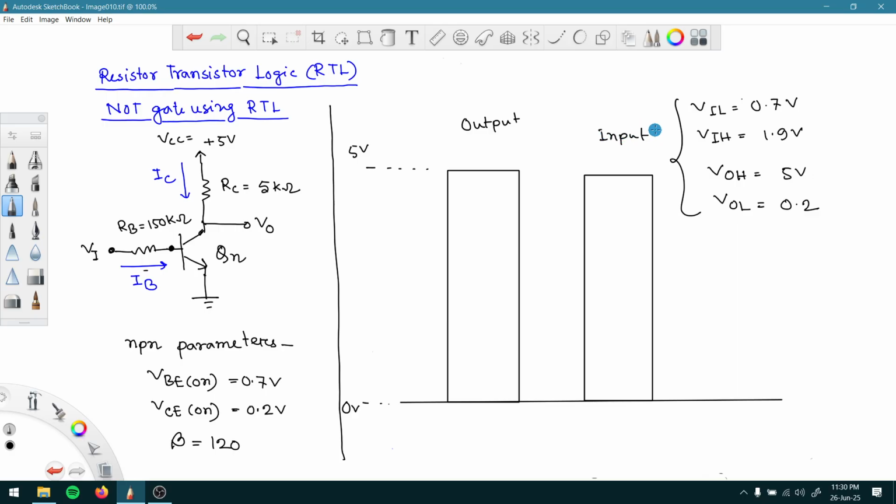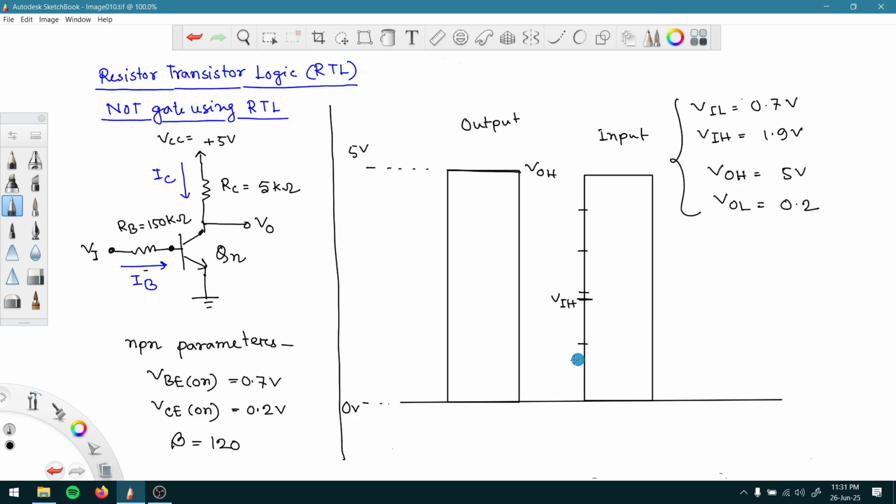If that is the case, we can directly draw from these values. VOH should be here, right? VOH, and VIH should be where? If I divide this into 5 different regions, 1 2 3 4 5, that is 5 volt. So maybe here we are going to get VIH, right?